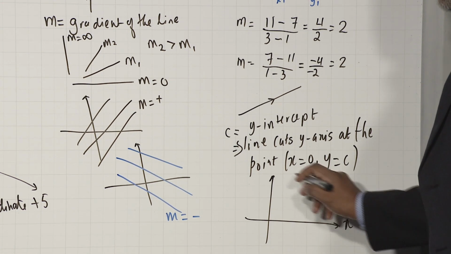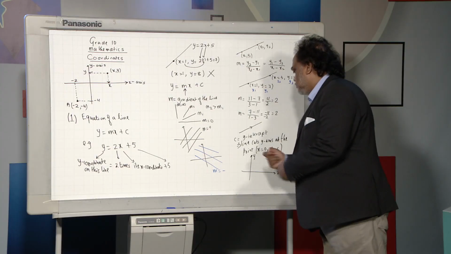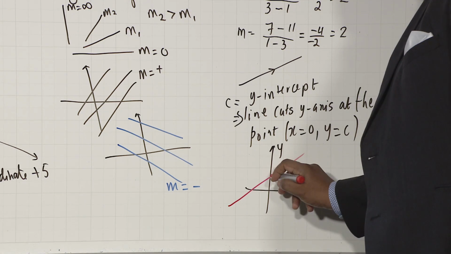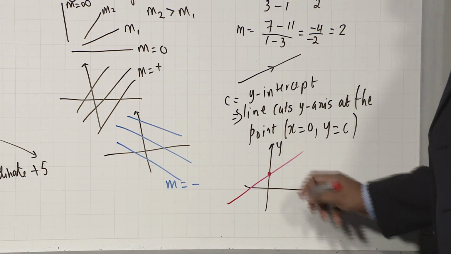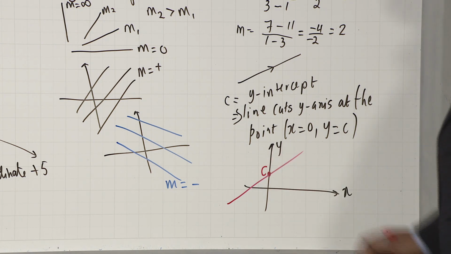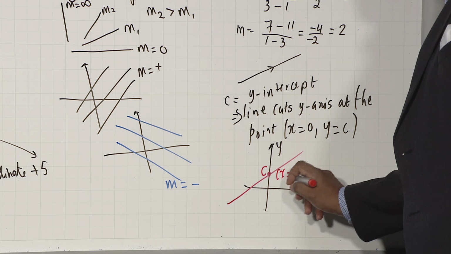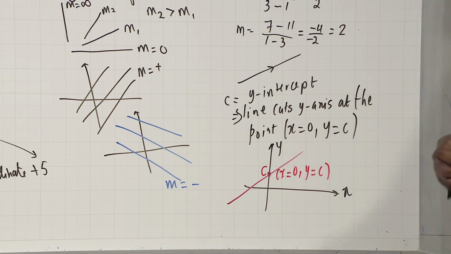So, this is the point where the line is going to cut the y-axis. This value will be c. That is here, x equal to 0, y equal to c. Right?